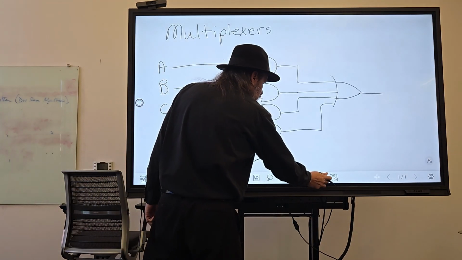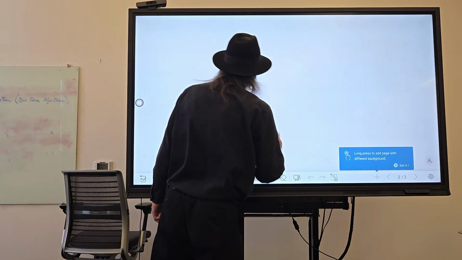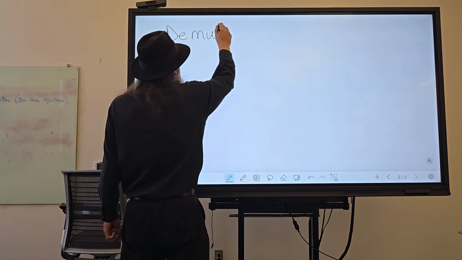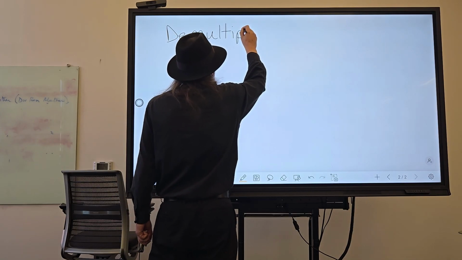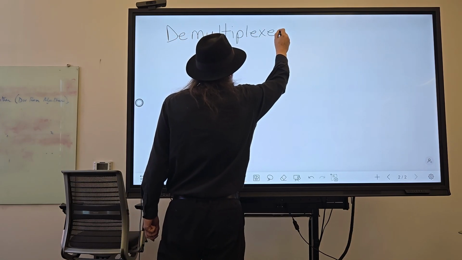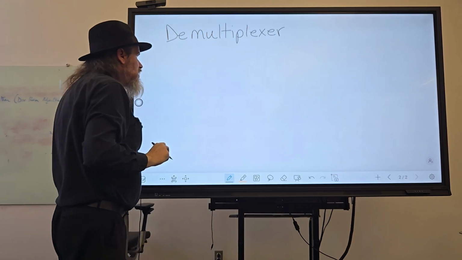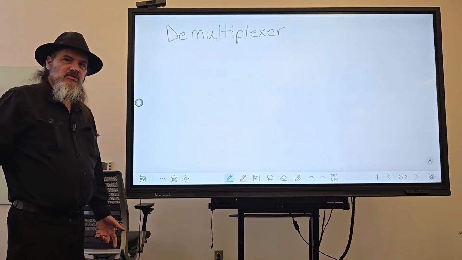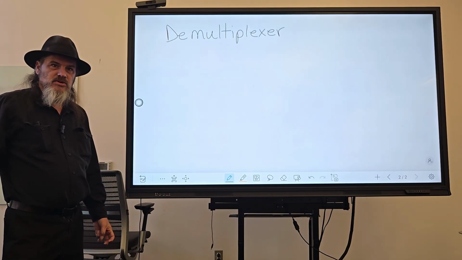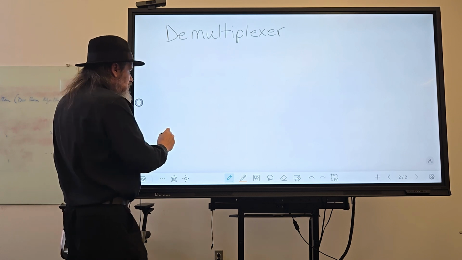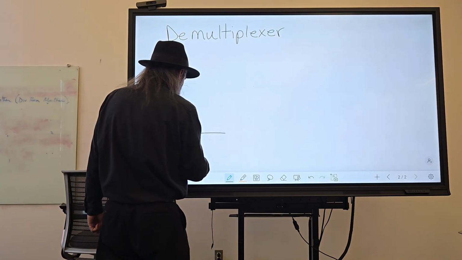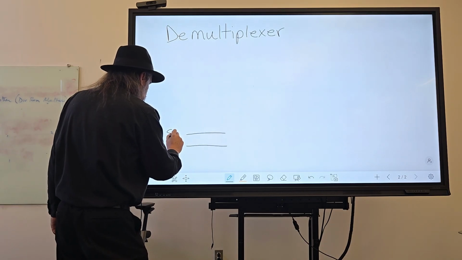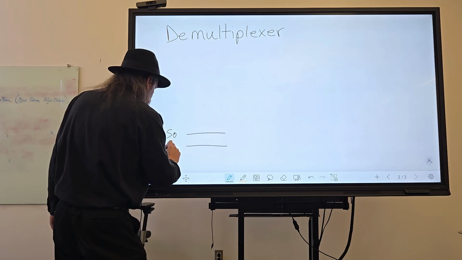Well, a demultiplexer is basically a subset of the previous diagram. So you have two lines, S0 and S1.